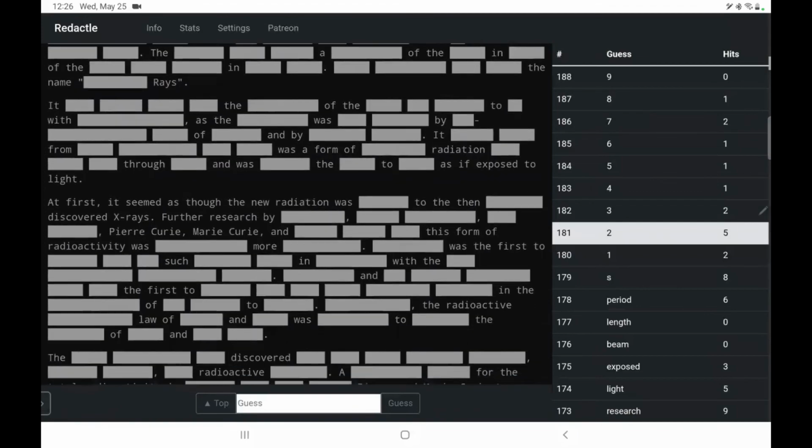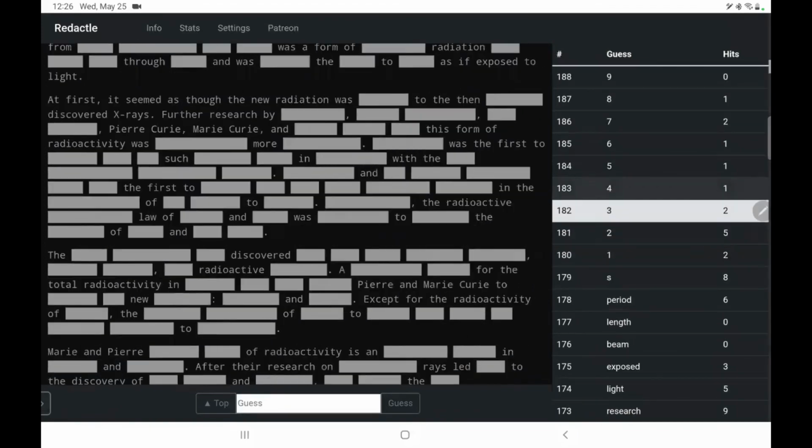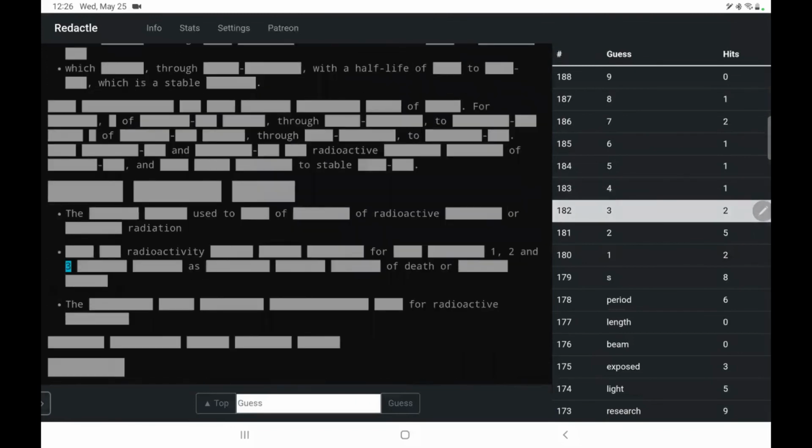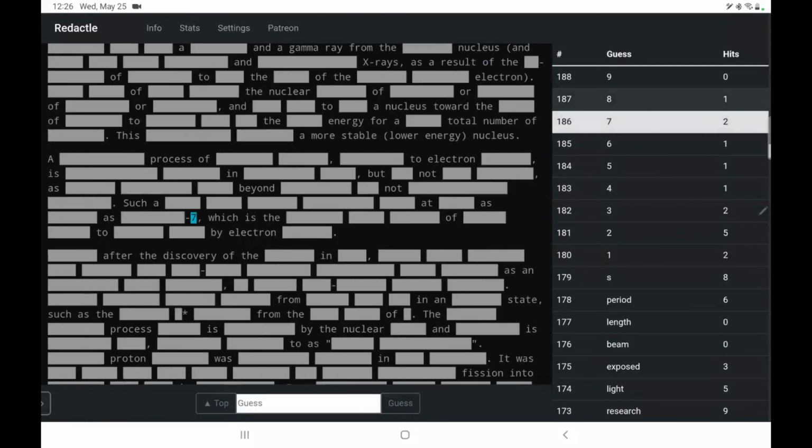Again, I can't help but feel I'm beating around the bush here. Doesn't really matter about any of this other verbiage. Oh, there's something 7. Oh, that sounds very familiar.